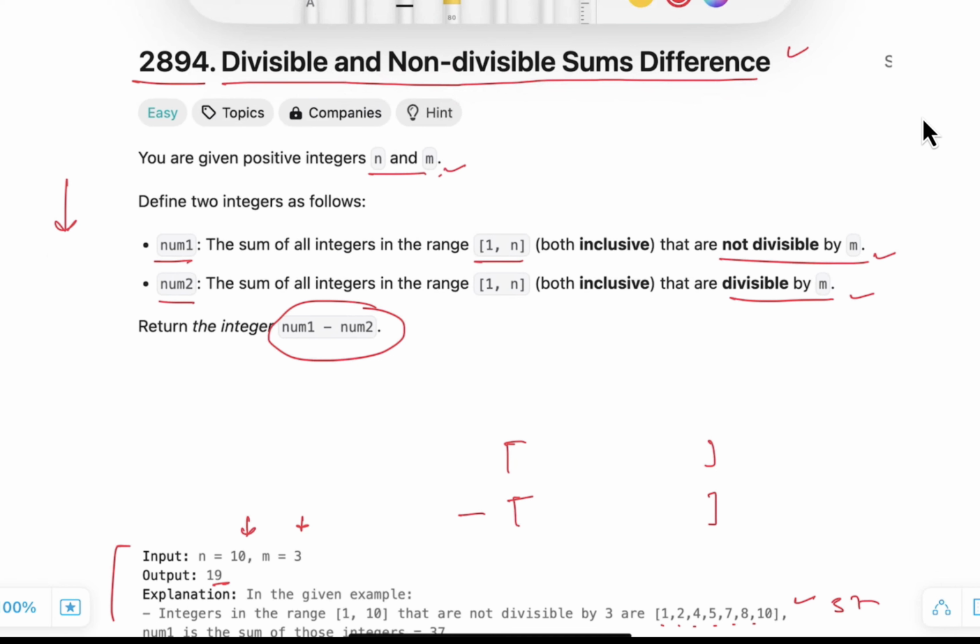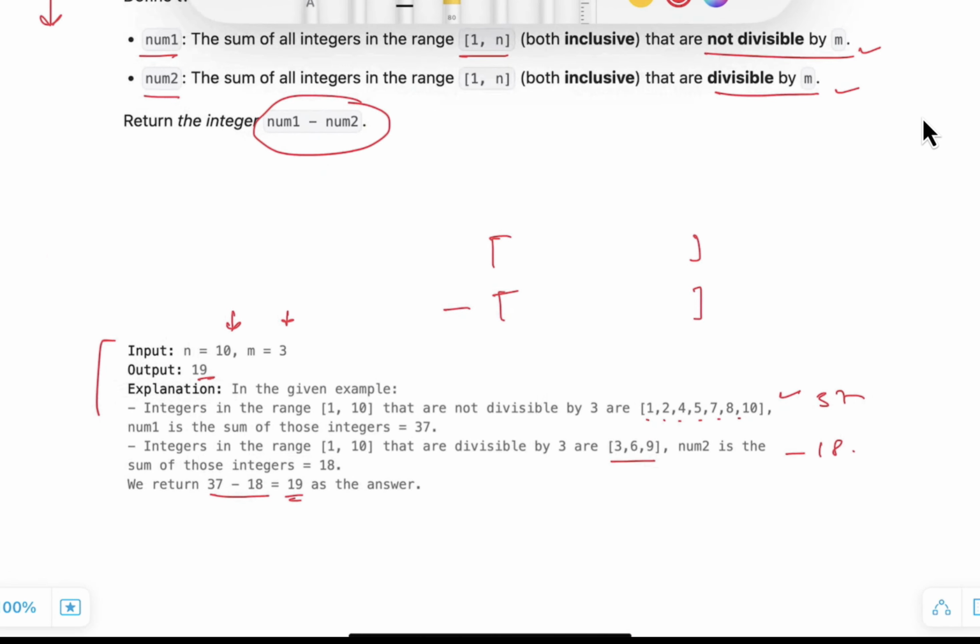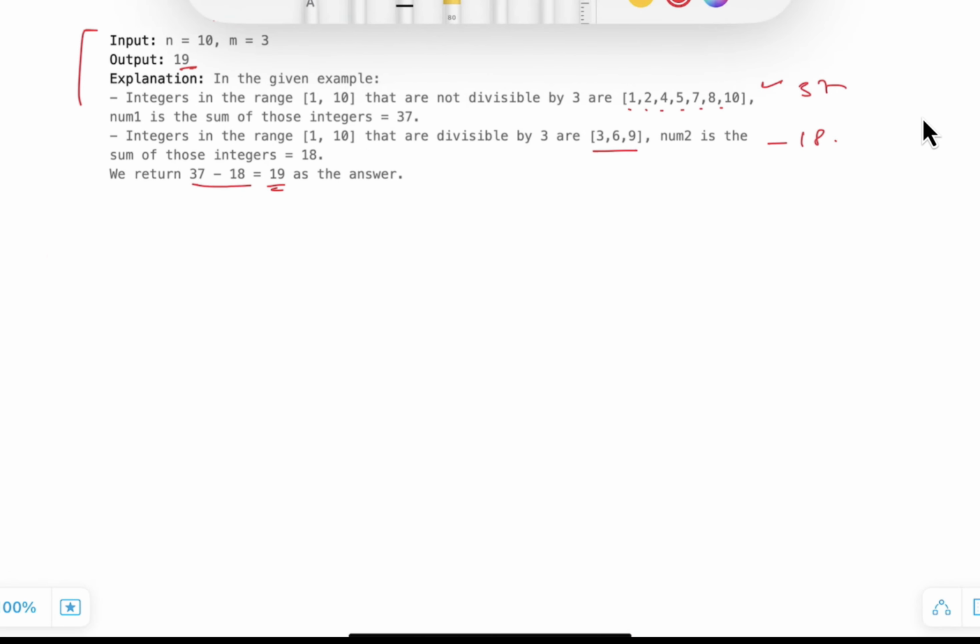And here is the time to discuss the approaches. The first approach, the brute force that can come to our mind, is to run a loop from i equal to 1 to i less than or equal to n, and capture nums1 and nums2, and in the end return the difference.